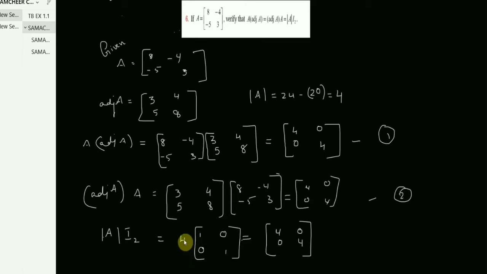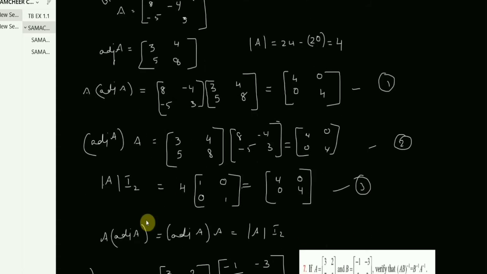So [1, 0; 0, 1] into 4 is equal to [4, 0; 0, 4]. That is equation 3. So we proved now A into adjoint of A is equal to adjoint of A into A is equal to determinant of A into I2. So we have proved that these three are equal.